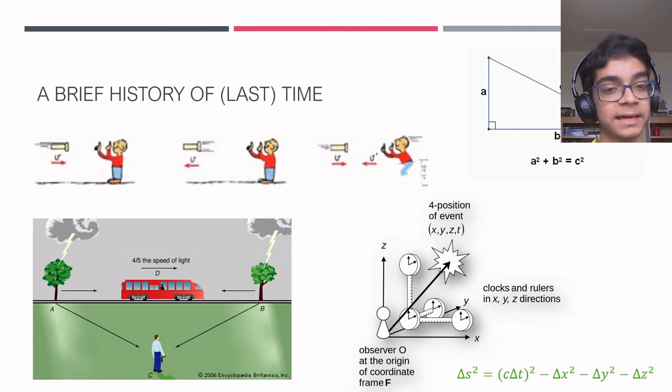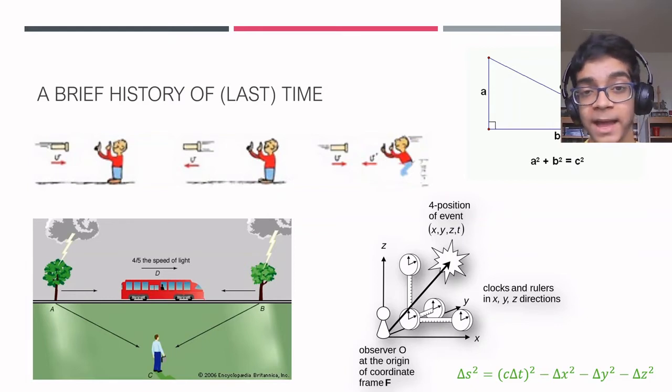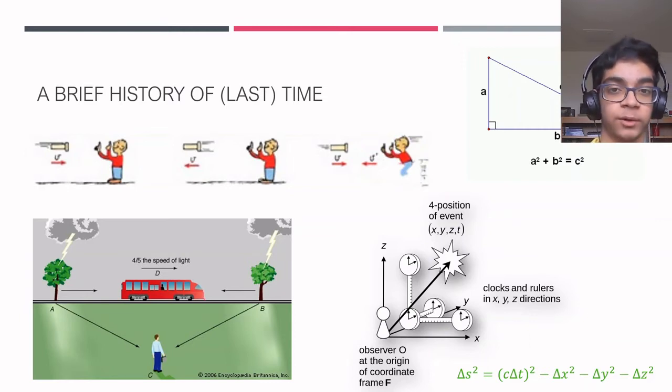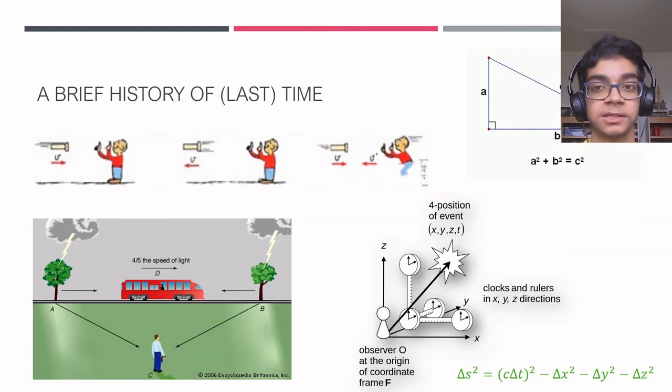However, as we discussed last time, Einstein suggested that the same was not true for light, and that light has a constant speed regardless of your reference frame. So if, as we see here, the flashlight is moving, the light from the flashlight still moves at the same speed. If the flashlight is moving backward, it still moves at the same speed. If the flashlight is moving and the observer is moving, light still moves at the same speed for everyone, which is a really weird concept. But this, as we saw last time, is integral to our idea of special relativity.